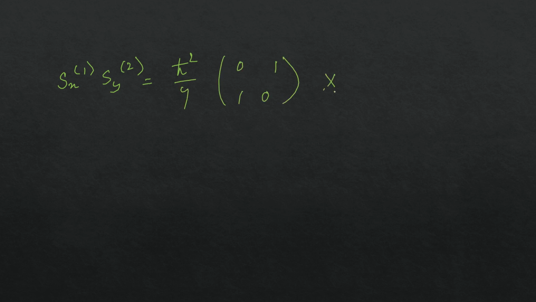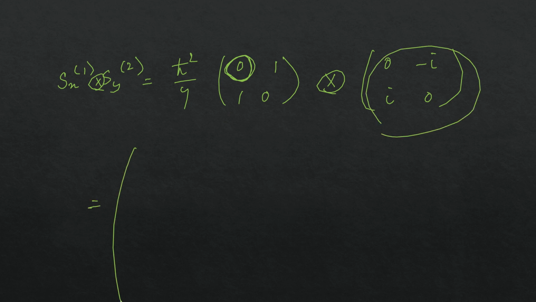Alright. Now, how do I do this, Sx1 Sy2? How do I multiply this? See, h cut square by 4. What is Sx? This is 0 1, 1 0, cross. This is the tensor product. How does the tensor product work? It works individually. This 0 will be multiplied with the whole thing, becoming 0 0 0 0. Now this 1 will be multiplied with this matrix: 1 times 0 is 0, 1 times minus i is minus i, 1 times i is i, 1 times 0 is 0.